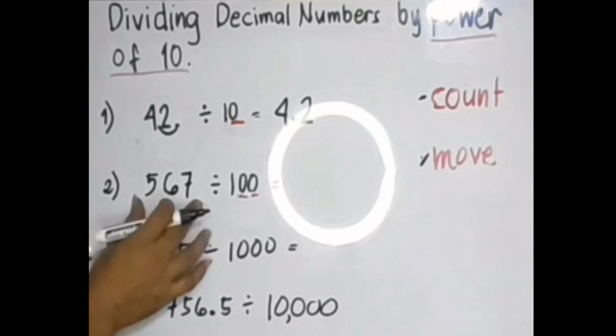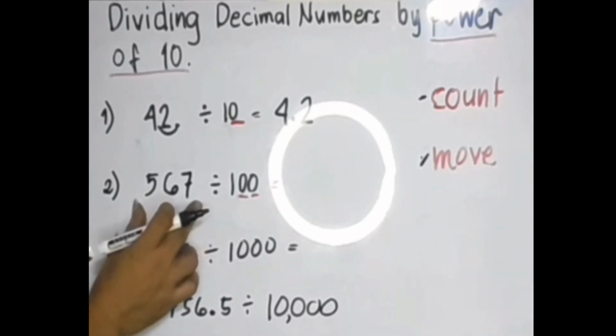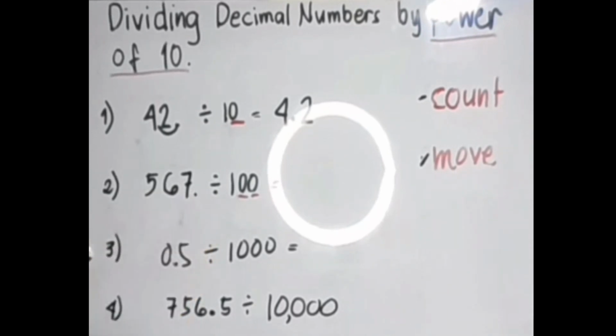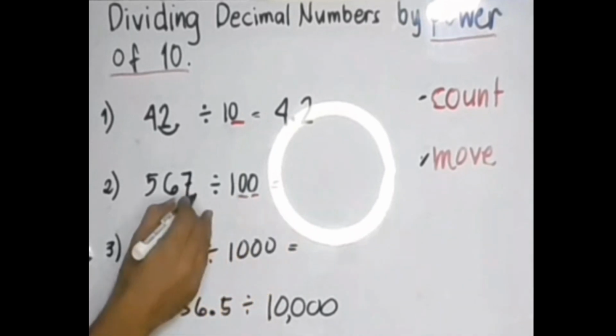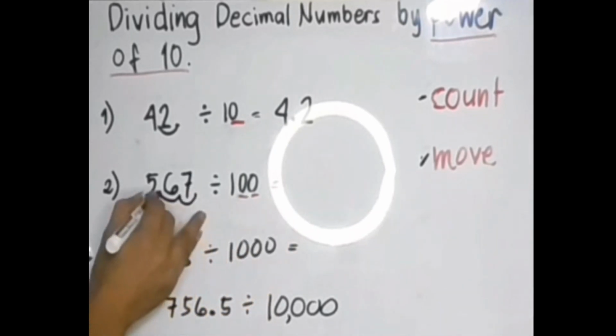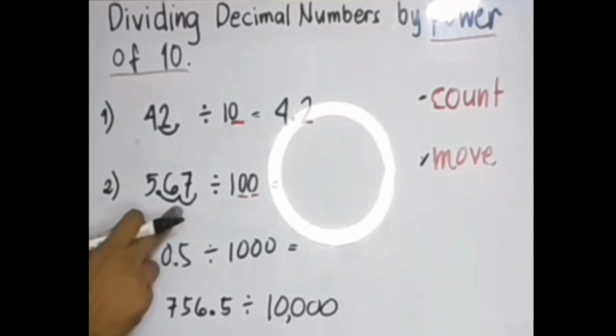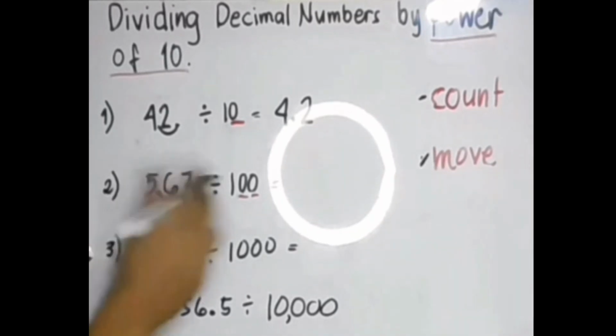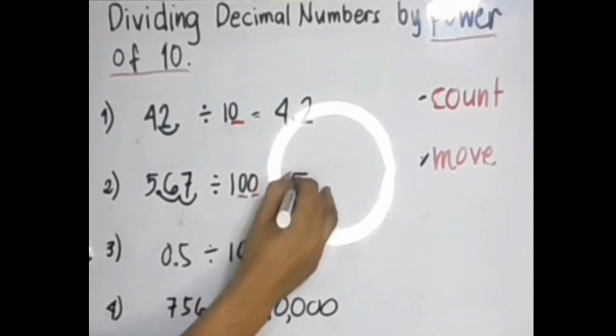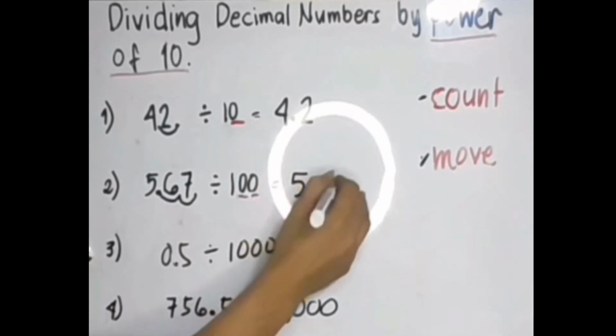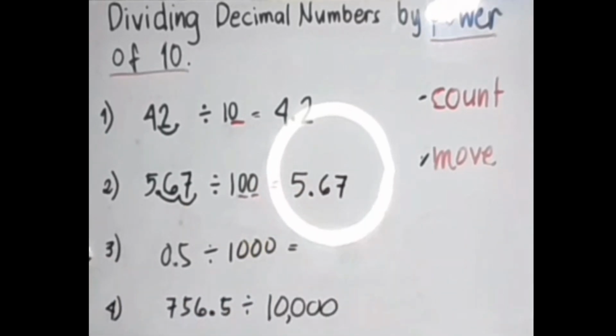Since ito ay whole number, nasaan na ating decimal point dyan? Nasa unahan. Ilang beses natin i-move? 2 beses. 1, 2. So, nasaan na ngayon yung decimal point natin? Between 5 and 6. Sa gitna ng 5 at saka 6. So, we have now 5 and 67 hundredths. Malinaw ba mga bata?